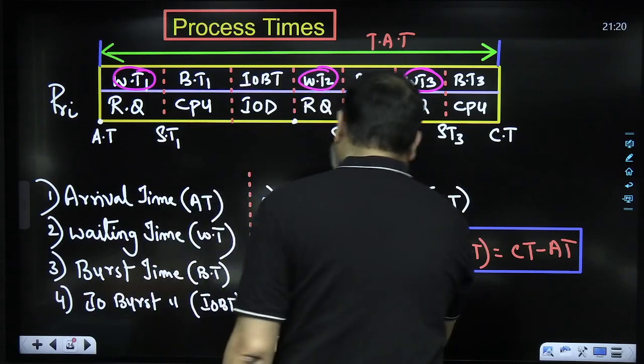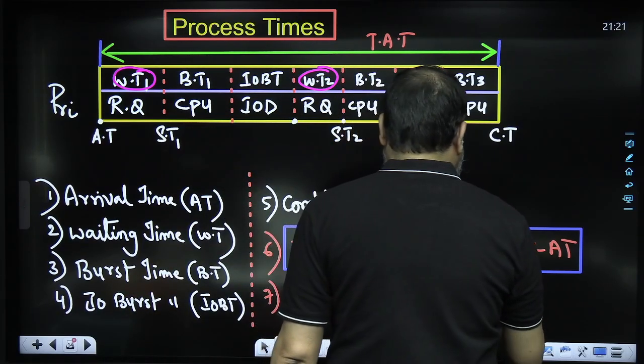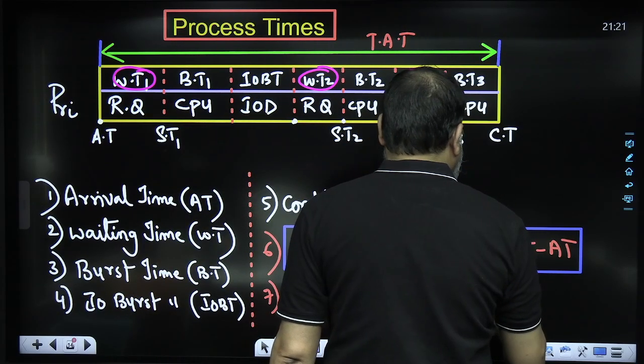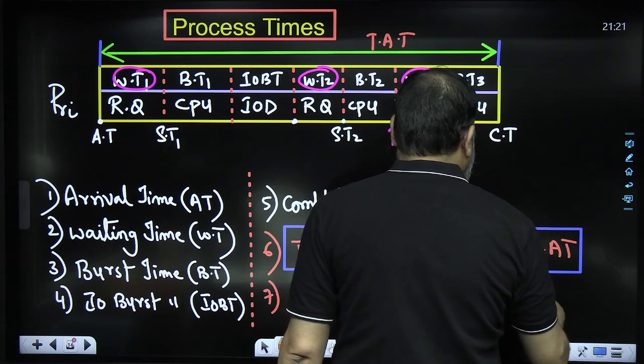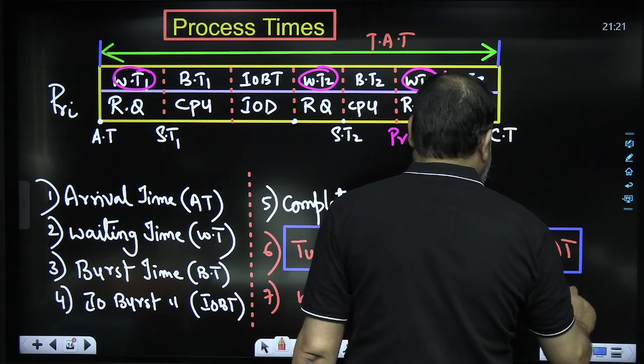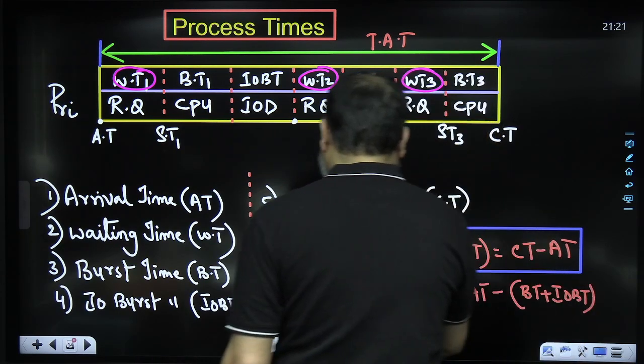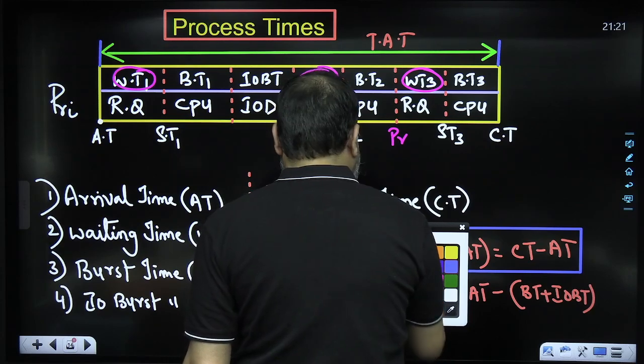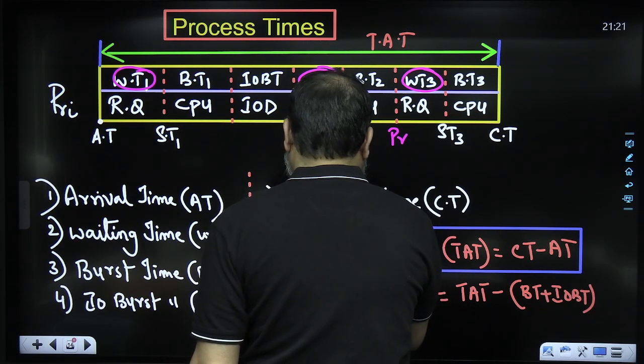So in general, what will be the formula for waiting time? From the total turnaround time, you have to subtract the total burst time plus the total IO burst time. Subtracting these two will give you the waiting time.